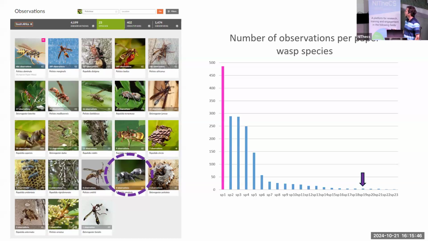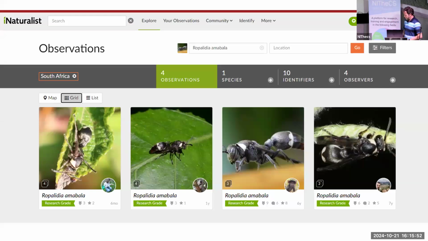And I just want to focus now on this species 19, which is this beautiful wasp. So this is called Rhopalidia amabala. So Rhopalidia wasps, the common name are small paper wasps. And then you get normal paper wasps, and then you get needle-waisted paper wasps.